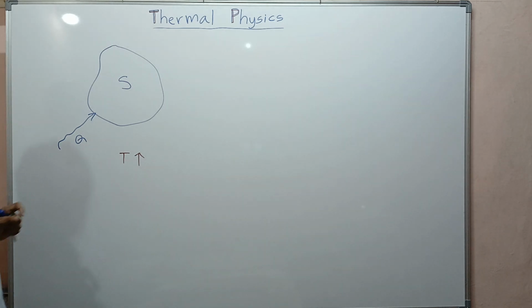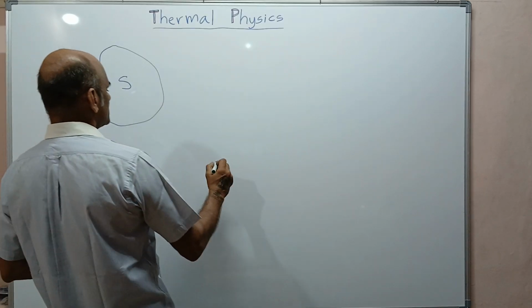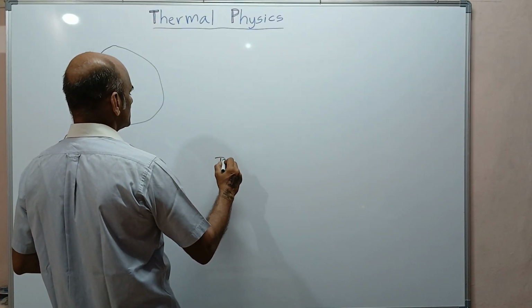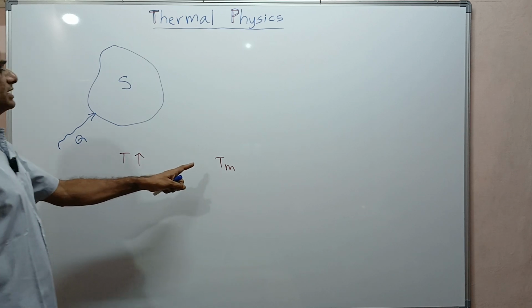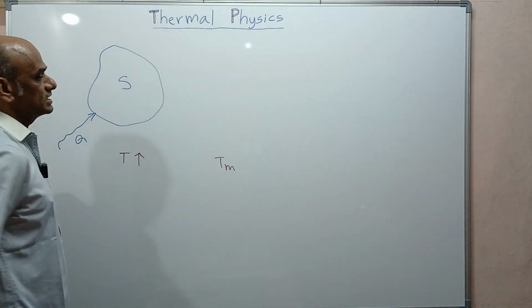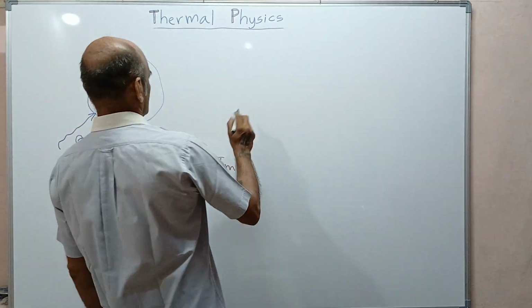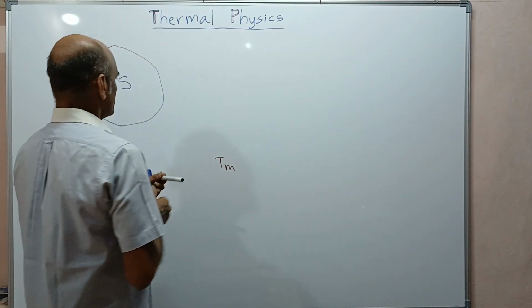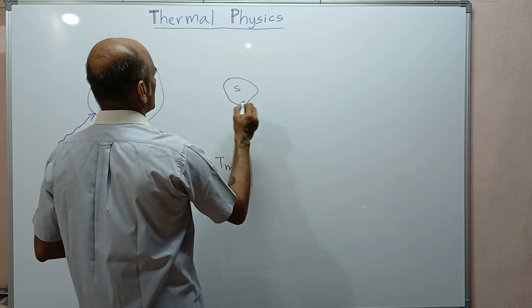But will this go on forever? At a certain stage, the temperature will reach the melting temperature of this solid. Once it reaches the melting temperature, if further heat is supplied, the solid will start melting. So then we form a mixture of solid and liquid.